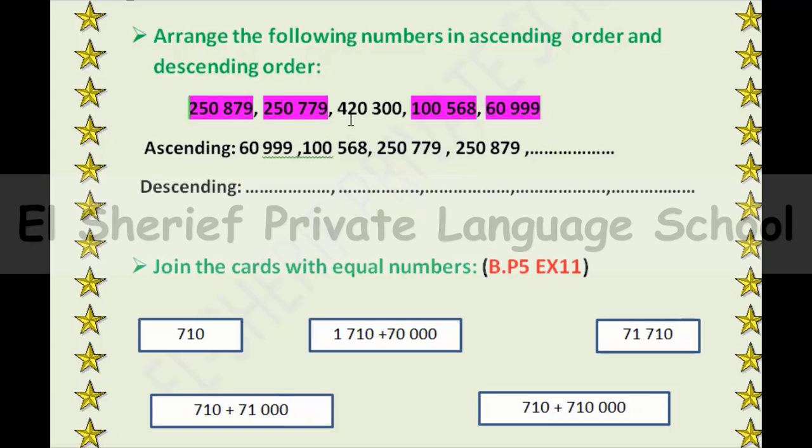So the last one we have 420,300, so it is the greatest number here. We will put it in the last place.